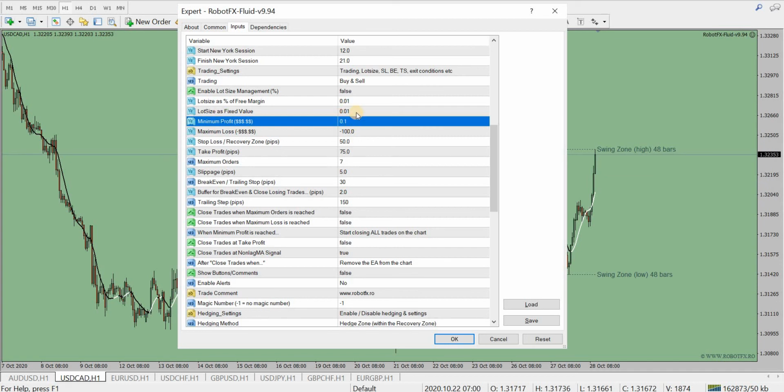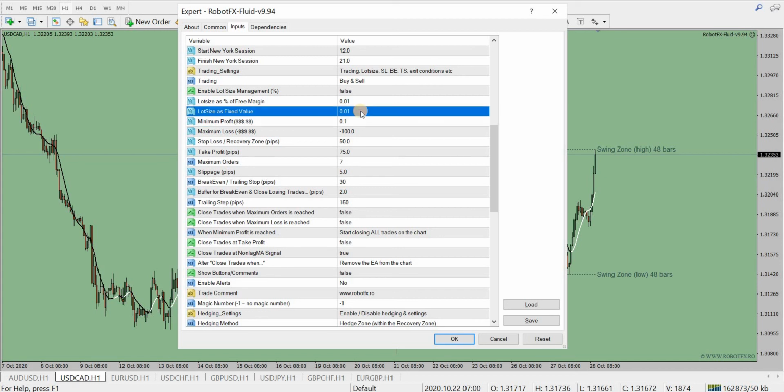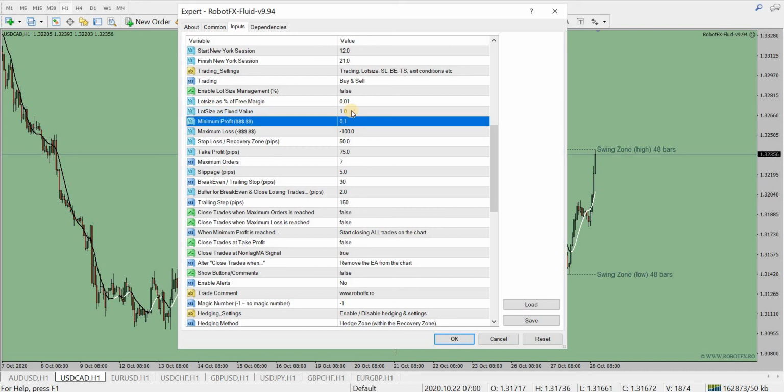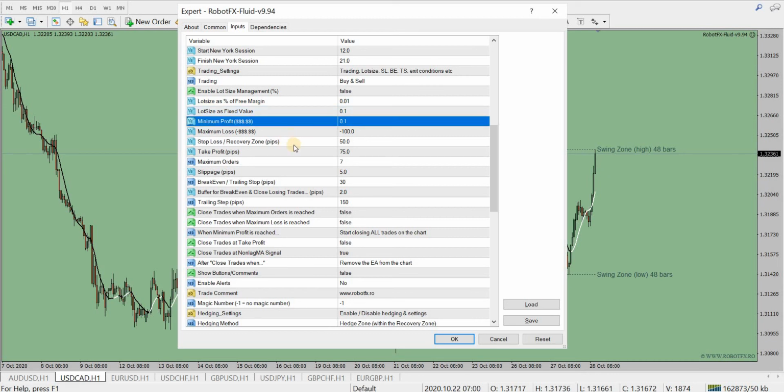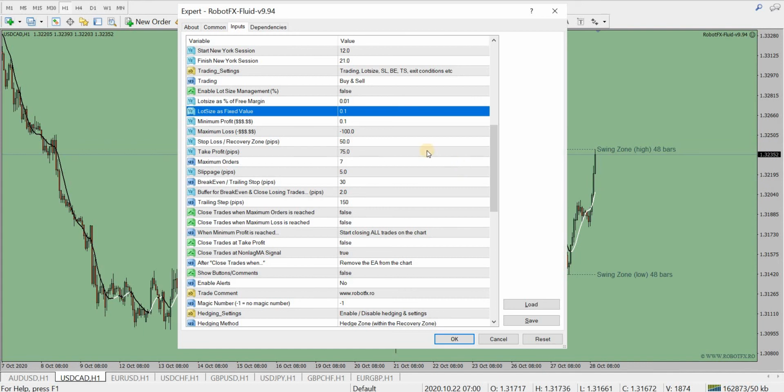But I could say that for a $1,000 account, I will not set this bigger than $1 if allowed by the broker, and I will not hedge. If I want to hedge, I'll set it probably to 0.1, if it's a fixed value for, let's say, a $1,000 account.